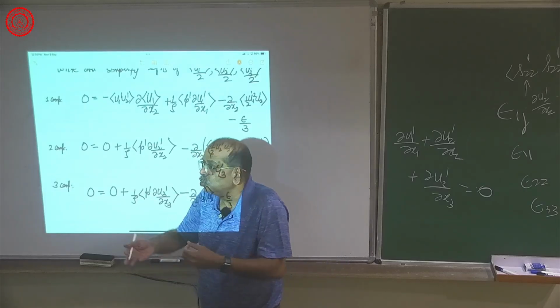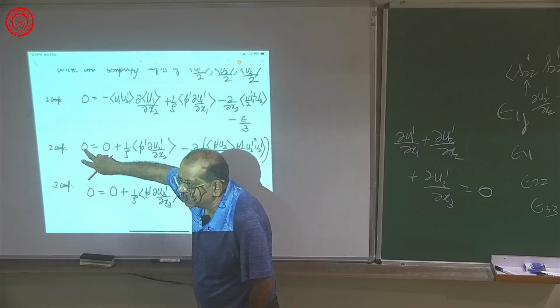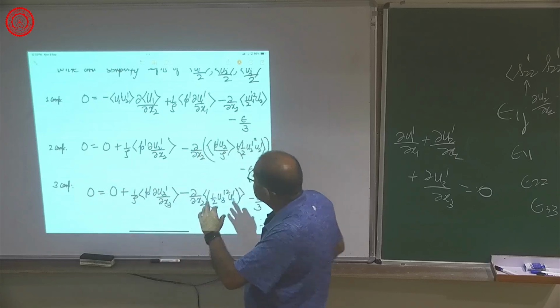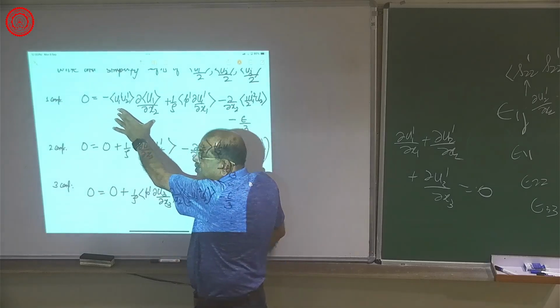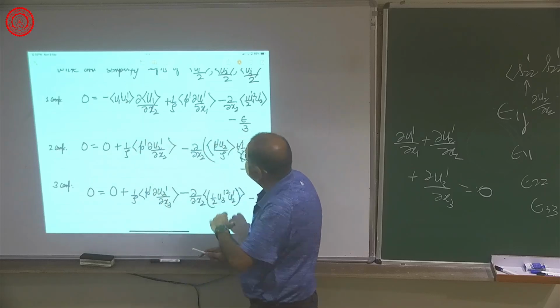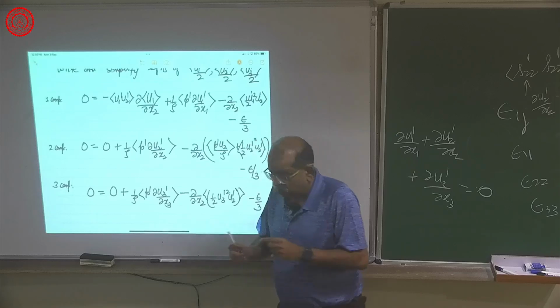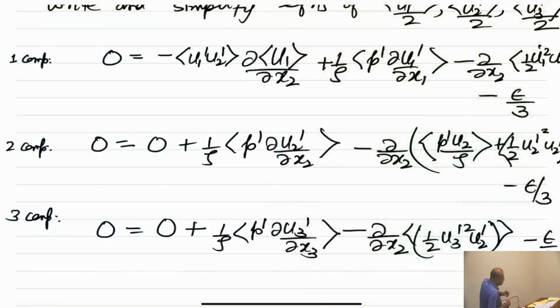It is not that u2 prime, that kinetic energy of this component, is zero. But what we find is the production term is there only in the one component. In the other components, there is no production term. Okay? So let's see this.